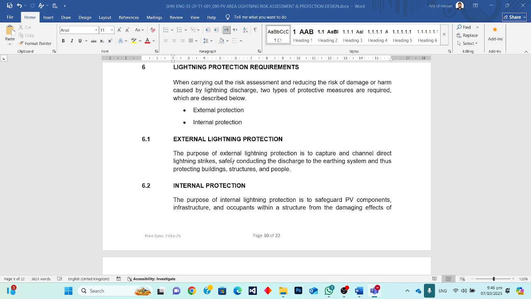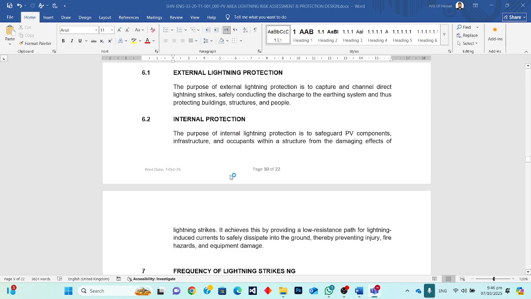And the purpose of the internal lightning protection is to safeguard PV components, infrastructure, and occupants within the structure from the damaging effects of the lightning strike. It achieves this by providing a low resistance path for the lightning induced current to safely dissipate into the ground, thereby preventing injury, fire hazard, and other issues. So we will give these internal protection devices and also the external protection for the lightning systems.